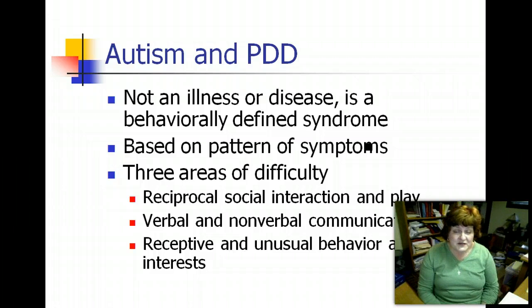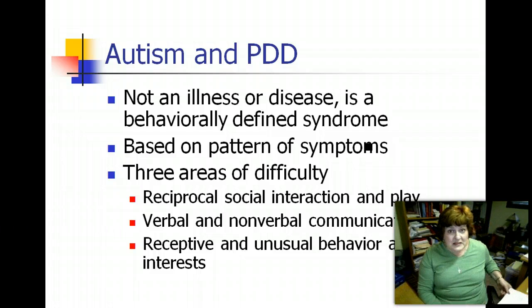The three areas of difficulty generally noted in this type of syndrome are reciprocal social interaction and play, verbal and nonverbal communication, and repetitive and unusual behavior or interests. Generally we're talking about some of the repetitive interests, which we'll be mentioning.